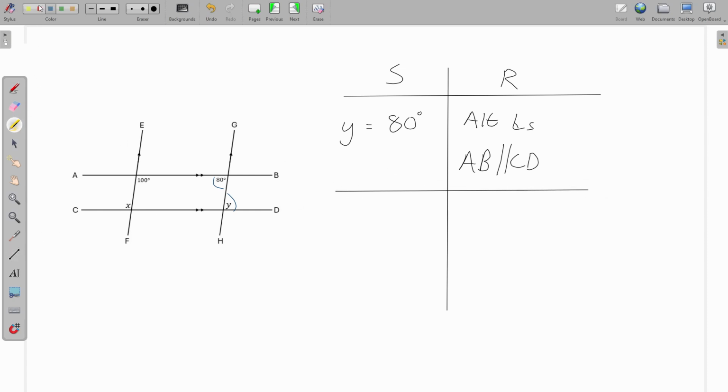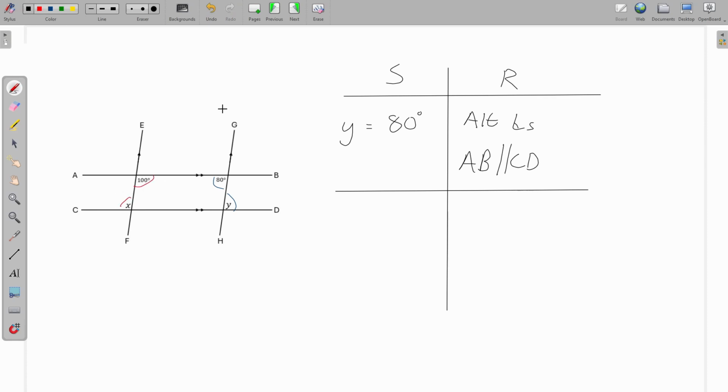Let's have a look at X. Here we have a nice backwards Z. The arms of the Z are line segments of AB and CD, which are parallel. We can use alternate angles. So 100 and X can be said to be alternate angles.